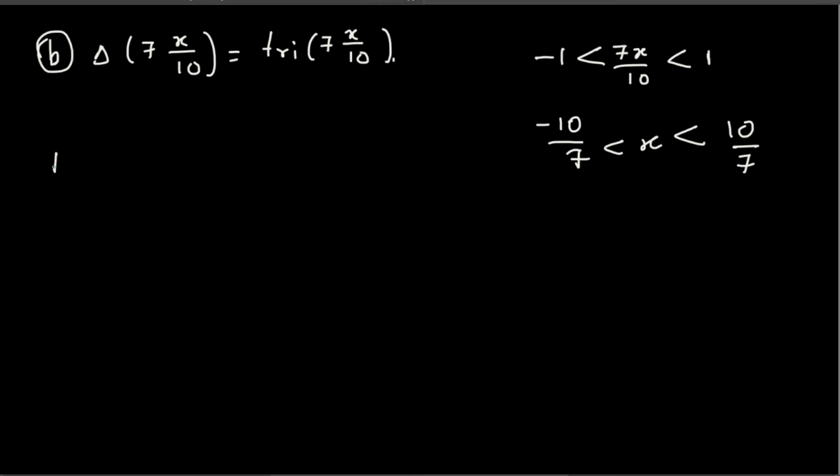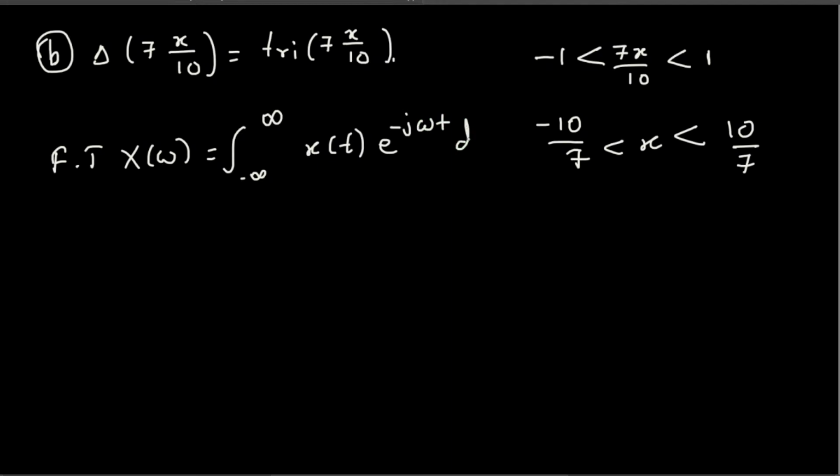Now the Fourier transform, as we saw before, is X(omega) equal to the integral from negative infinity to infinity of x(t) multiplied by e to the power minus j omega t dt.